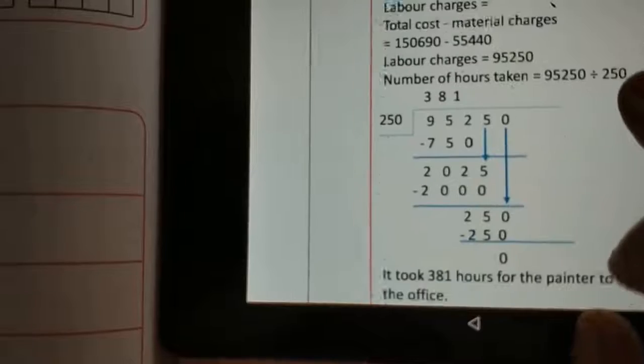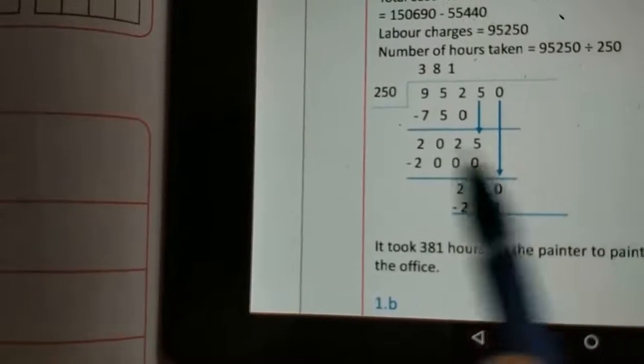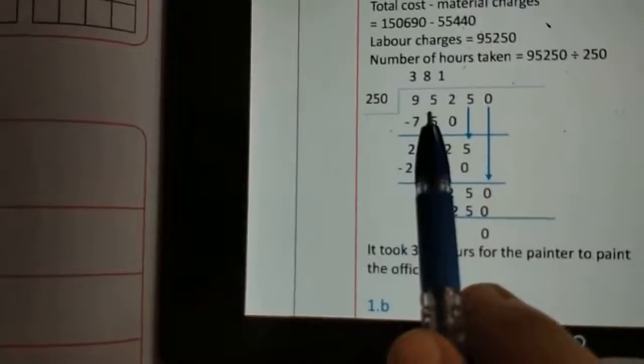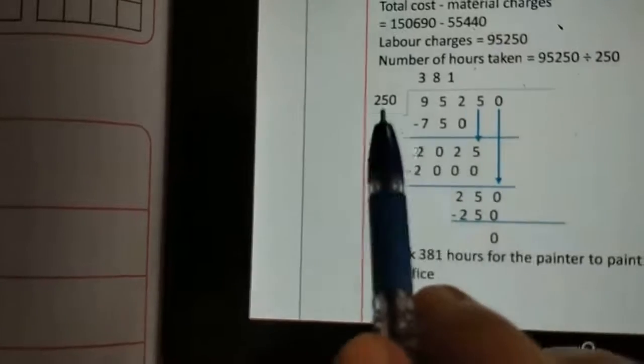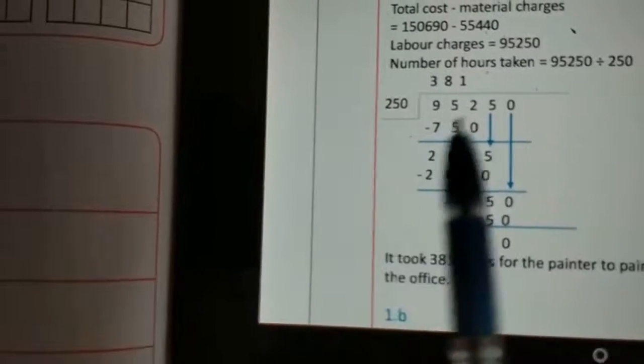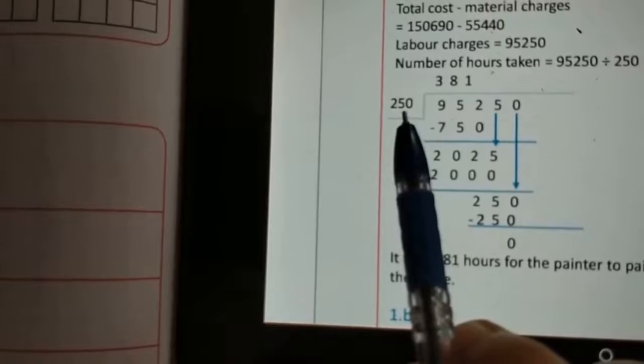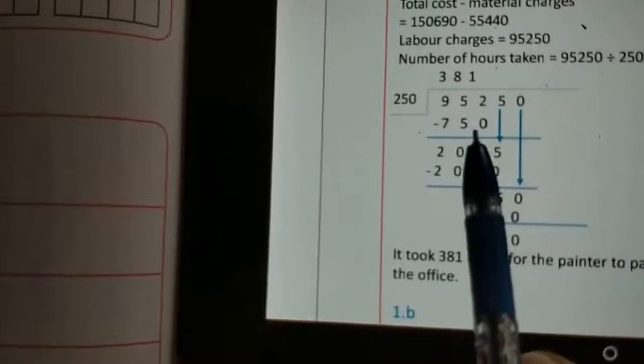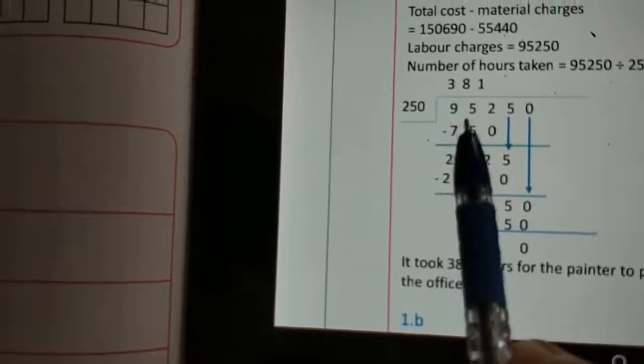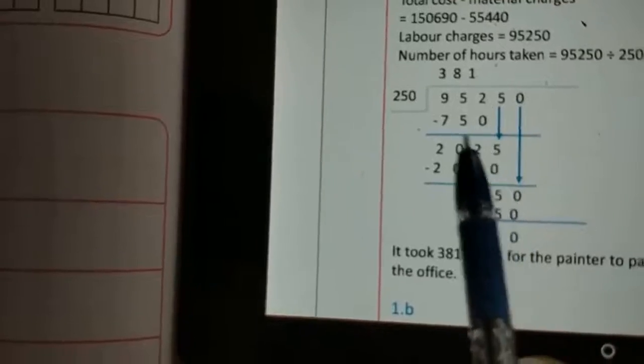So students, our answer is, now see, 95,250 divided by 250. So 253 is 715 will minus 952 minus 750. So we'll get the answer 202.